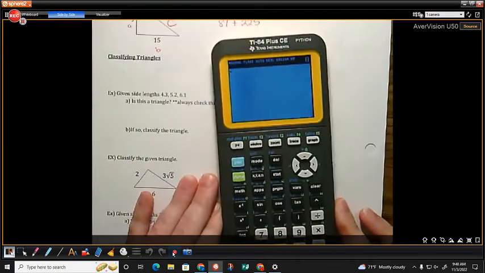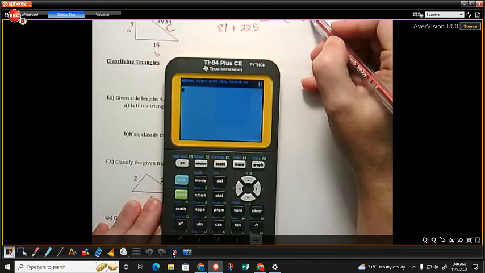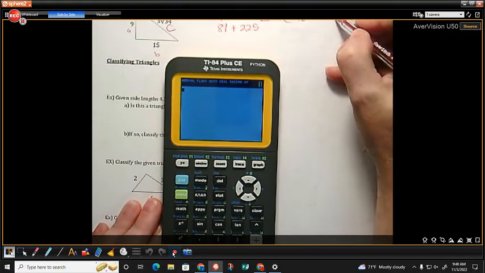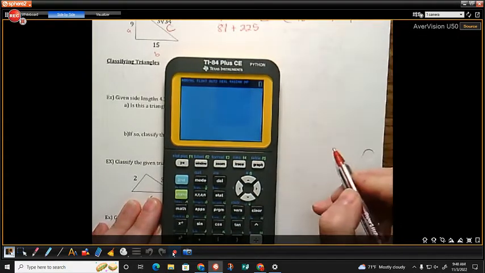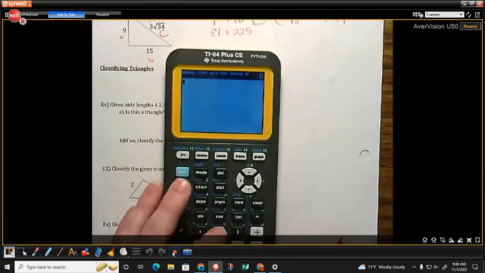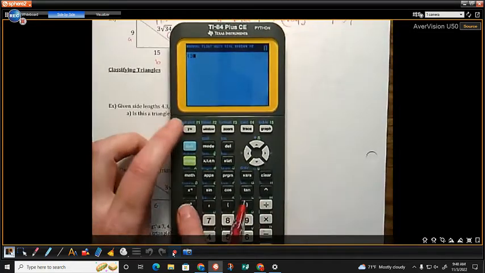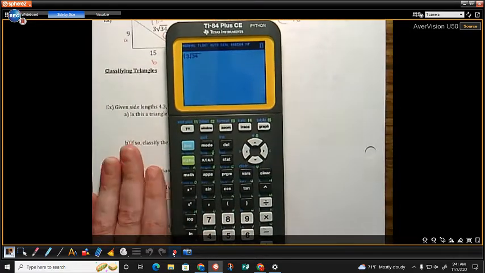But when you go to put 3 root 34 in, if you want to do it by hand, 3 root 34 times 3 root 34 is just 9 times 34. You could do that. But if you decide to put it in your calculator, you're going to put your parentheses, and you're going to put 3 and then the square root of 34.